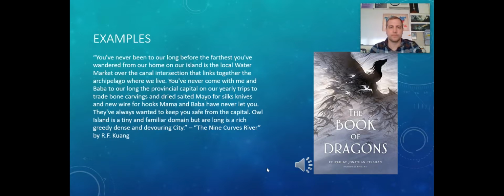Mama and Baba have never let you. They've always wanted to keep you safe from the capital. Owl Island is a tiny and familiar domain, but Arlong is a rich, greedy, dense, and devouring city.